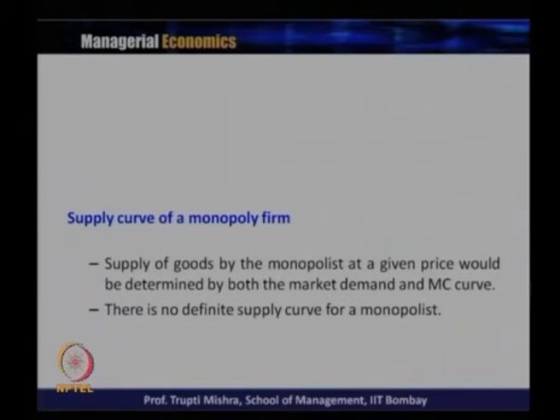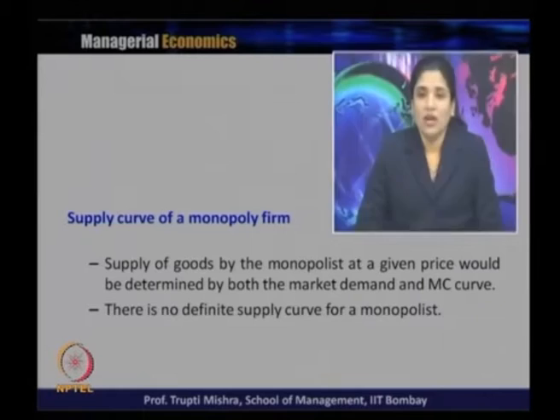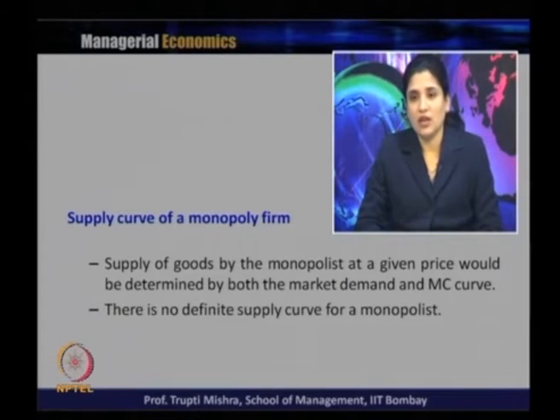But now look at where the supply of goods decided by the monopolist gets represented. The supply of goods by the monopolist at a given price would be determined by both market demand and the marginal cost curve. So there is no definite supply curve for a monopolist, because the supply of goods at a given price is always dependent on the market demand and the marginal cost function.